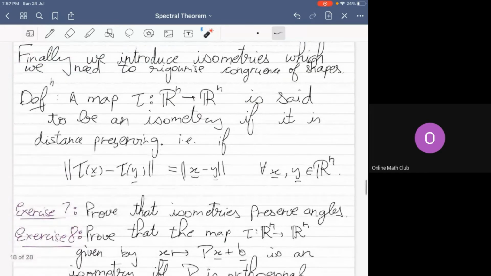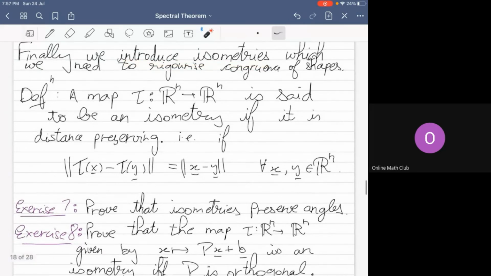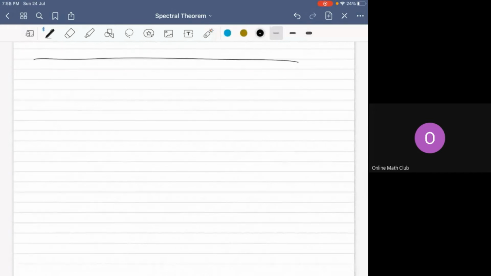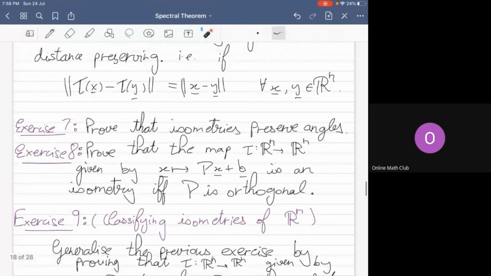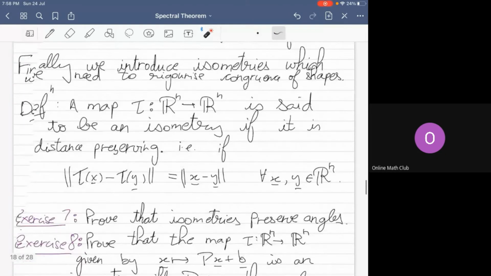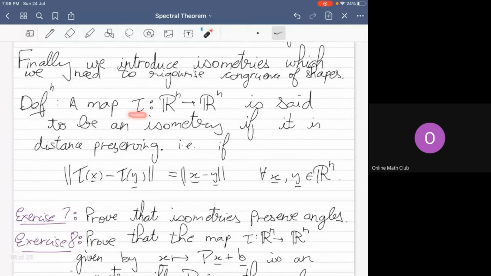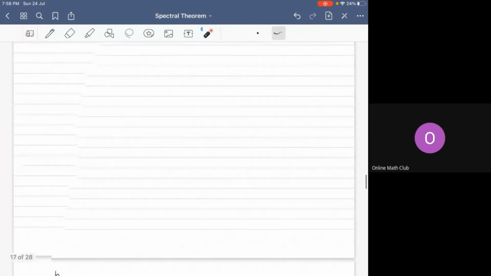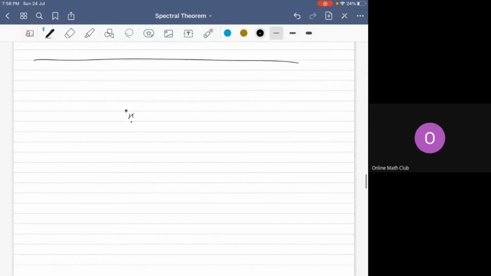Okay, so finally, let's introduce isometries, which is as follows. A map tau from Rn to Rn is said to be an isometry if it is distance preserving, which means that, notice that the distance of two vectors in Rn is this length, which would be the magnitude of y minus x.